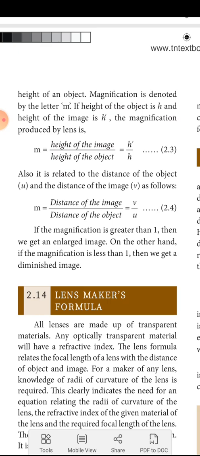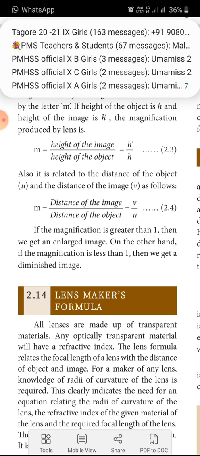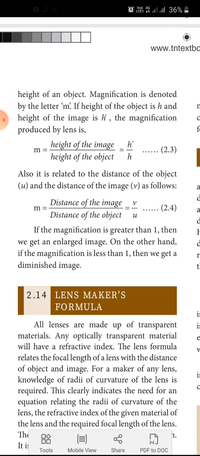If the magnified image height is 4 centimeters and the object height is 2 centimeters, then 4 divided by 2 gives you 2. How many times is it magnified? 2 times it is magnified, such that you will be finding the magnification.